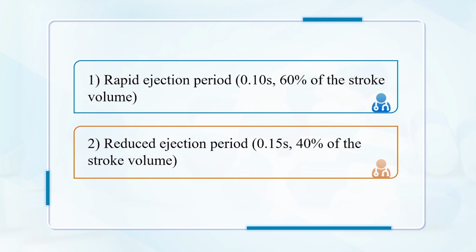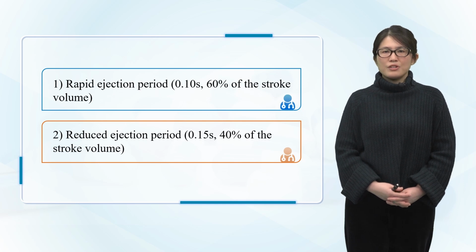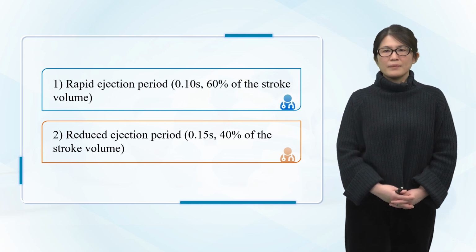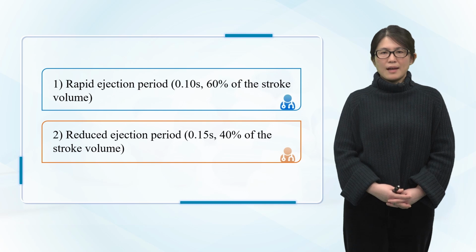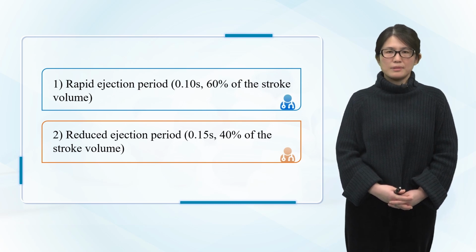During the period from the closing of the semilunar valves to the opening of the atrioventricular valves, the ventricle is in diastole and the volume of the ventricle does not change, so it is called the isovolumic diastolic period, which lasts 0.06 to 0.08 seconds.